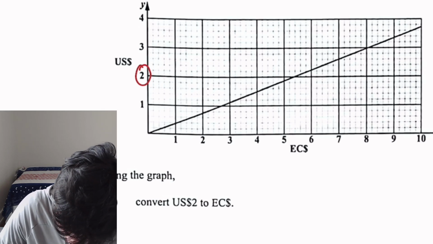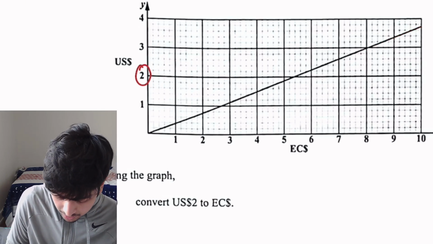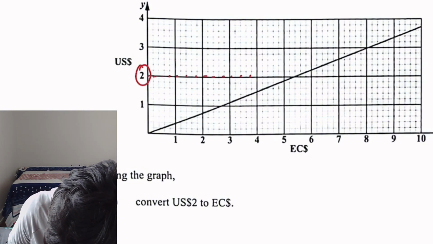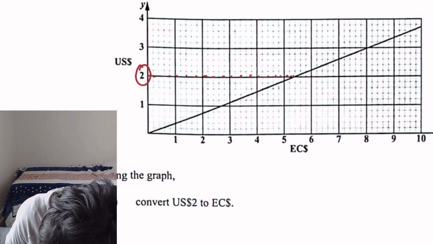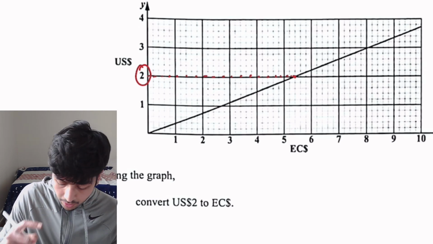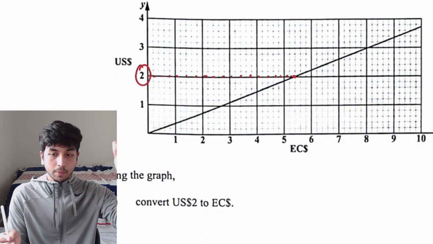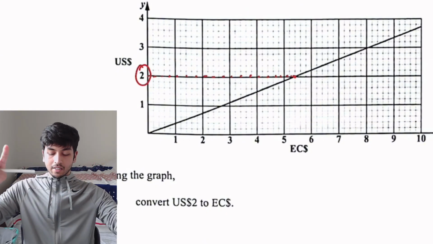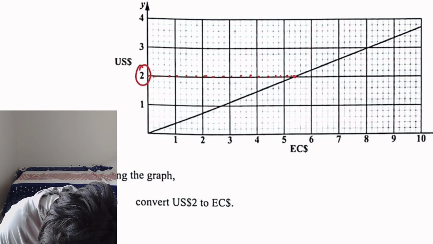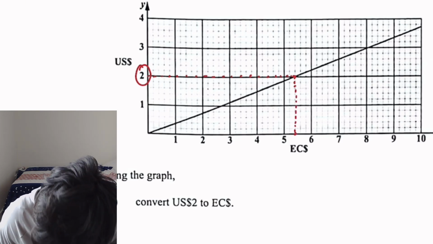And then this line over here is telling us the relationship. So we're going to draw a line over from our $2 US, see where it meets the actual relationship line. Meets it right here. So now we're going to carry it down to the EC axis. So we looked at where it was in the US, carried it across, and then we're going to see where it matches on the EC line. So we'll carry it down, and it's right here.